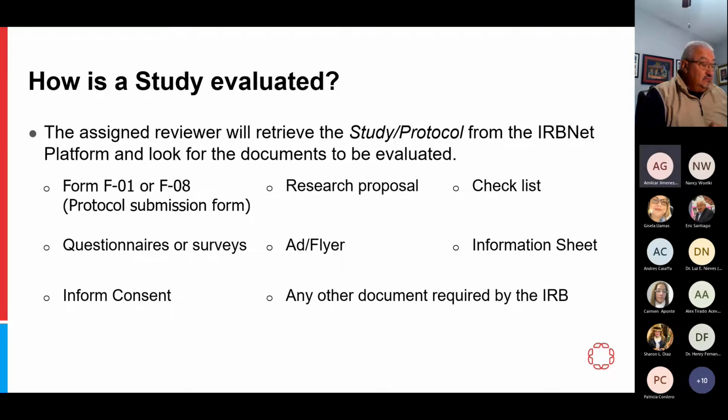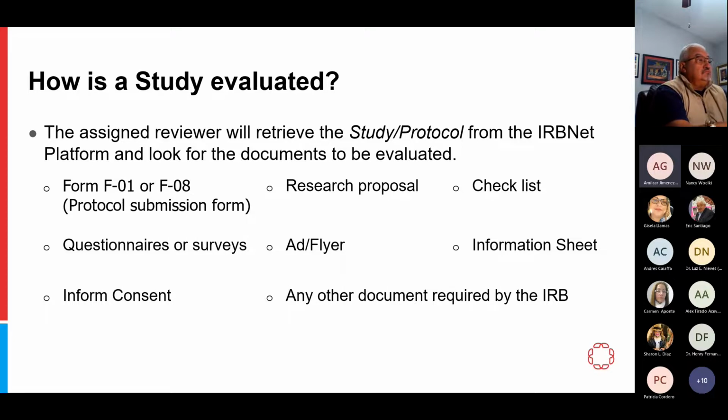The reviewer will retrieve that protocol, and the reviewer will be looking for the following documents to be evaluated: the protocol submission form, F1, F08, the research proposal, the checklist, questionnaires or surveys, or any data collection instrument, ad, flyer, or any publicity, the information sheet, the informed consent if applicable, or any other document required by the IRB.